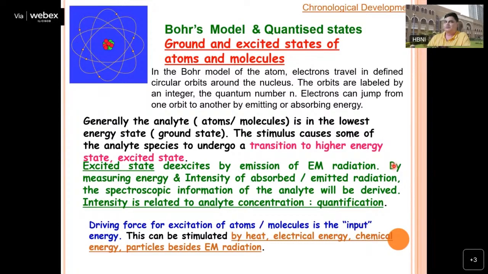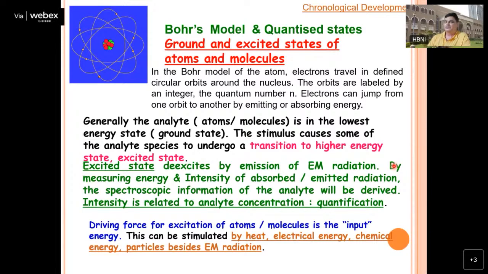The stimulus causes some of the analyte species to undergo transitions to a higher energy, excited state. When the excited state de-excites by emission of electromagnetic radiation, by measuring the energy and intensity of the absorbed or emitted radiation, the spectroscopic information of the analyte is derived. This intensity is related to the analyte concentration, and we use that for quantification.